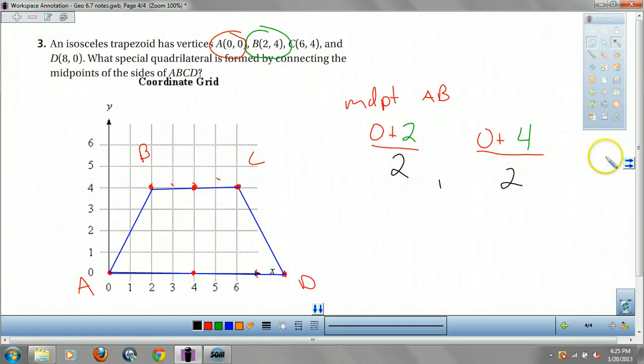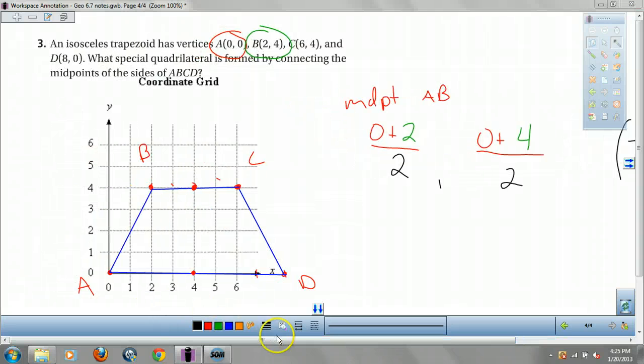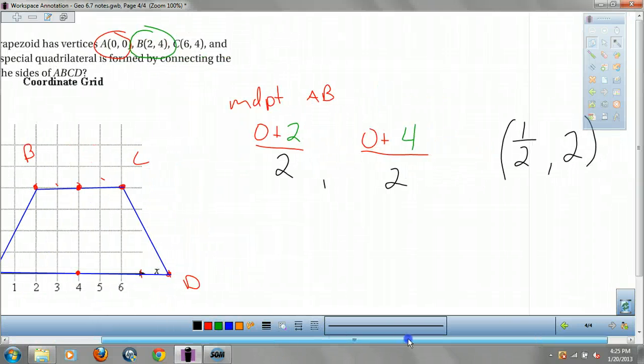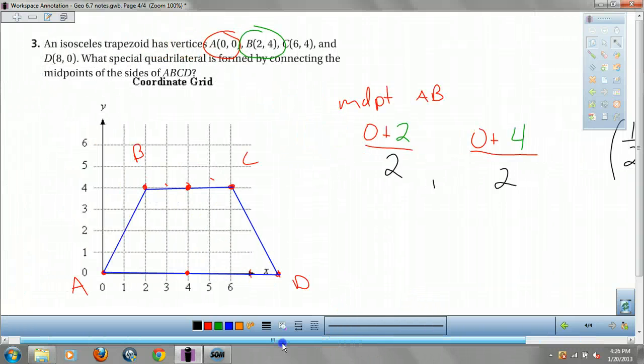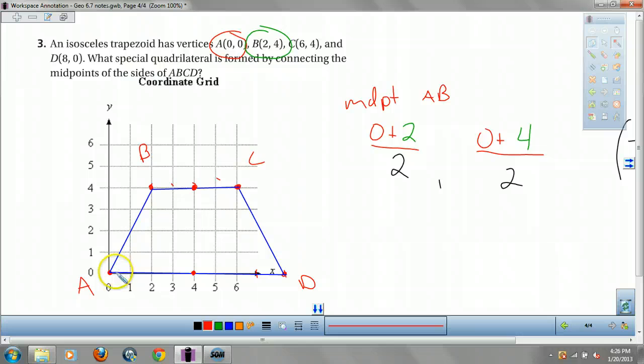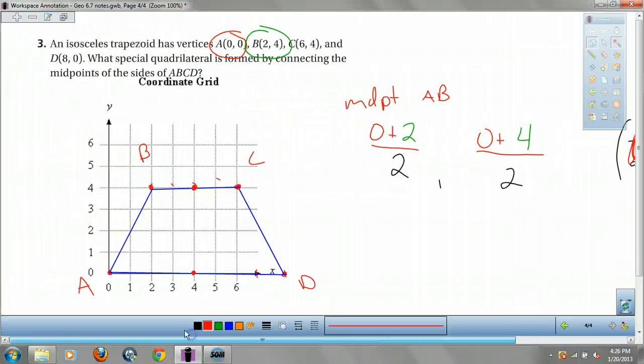So we get the point (0, 2) as the midpoint. So I go to 0, go up 2. Come on, Mr. Williger, that's 1, 2, midpoint.